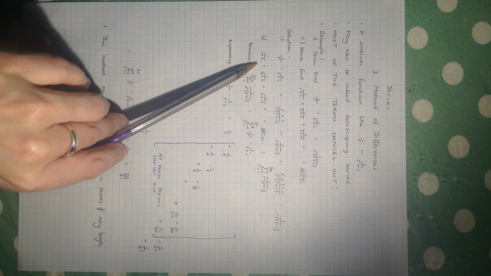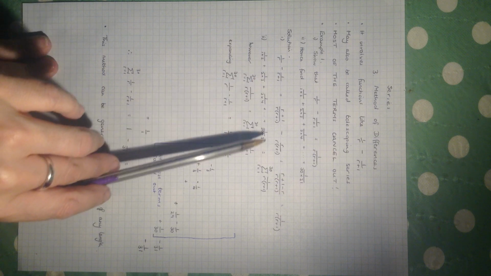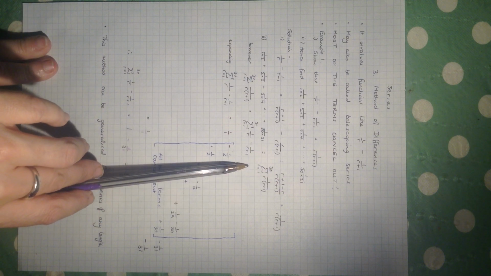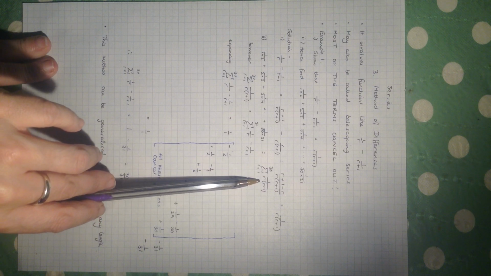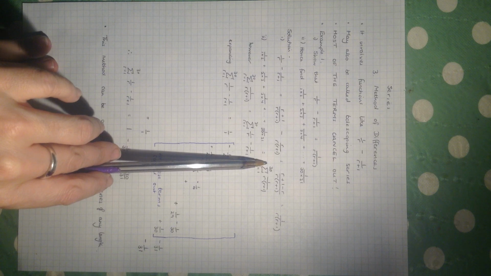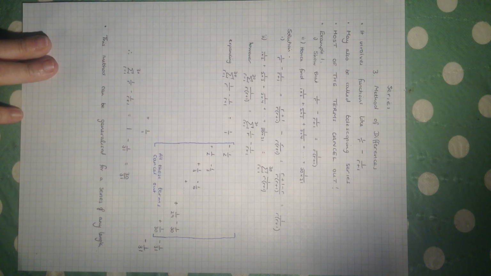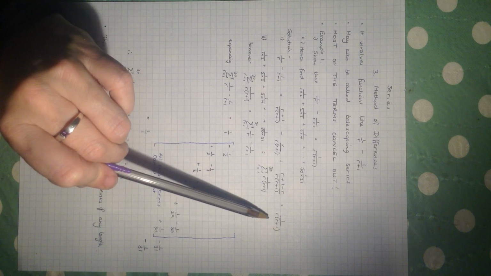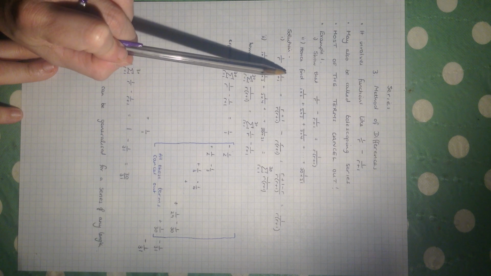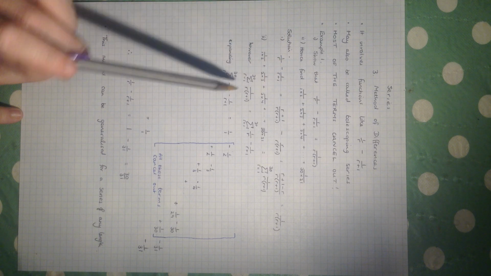So 1 over 1 times 2 plus 1 over 2 times 3 all the way up to 1 over 30 times 31 can be written using sigma notation as 1 over r times r plus 1, where r goes from 1 up to 30. Now, because of part 1, we can use the result that 1 over r times r plus 1 can be written as 1 over r minus 1 over r plus 1.